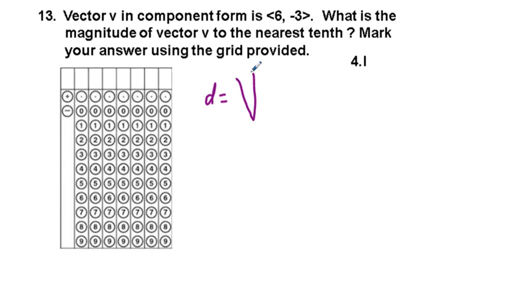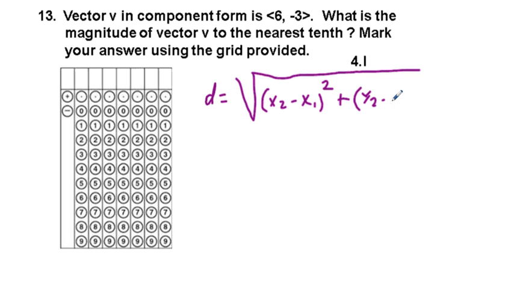The distance formula is the square root of quantity x2 minus x1 squared plus quantity y2 minus y1 squared. And what these happen to be, if you use the head minus tail method, is this 6 is going to go right here for the change in x, and this -3 is going to go right in here.